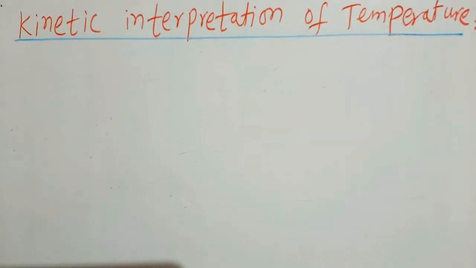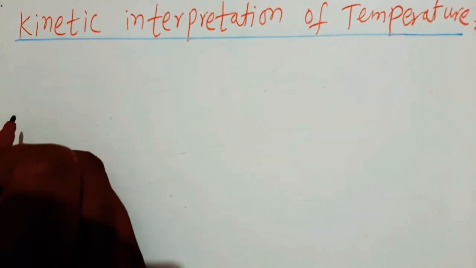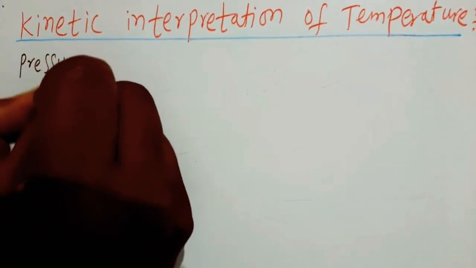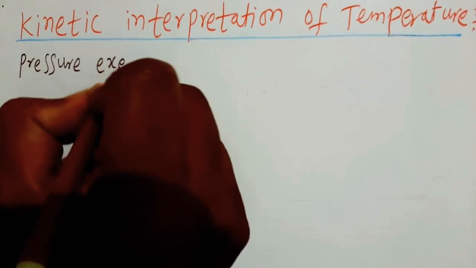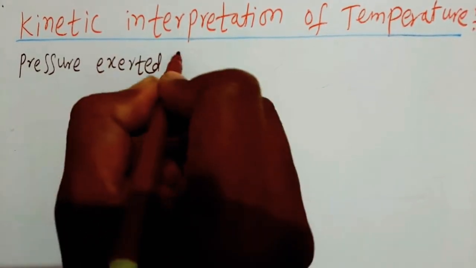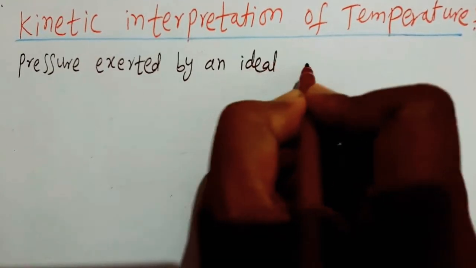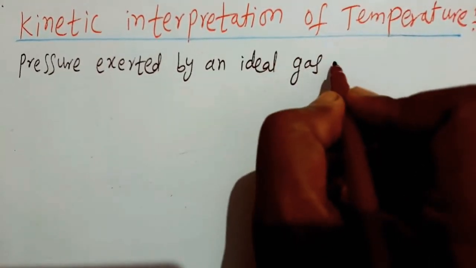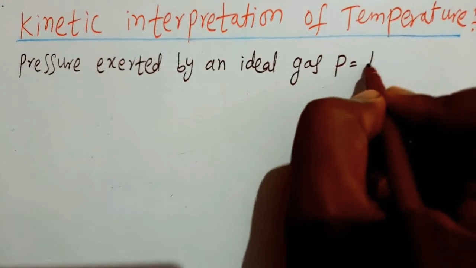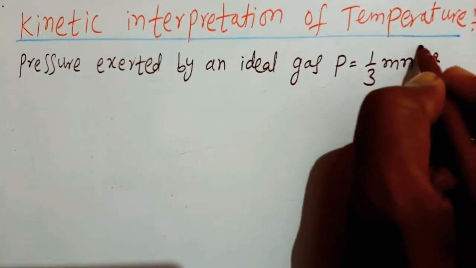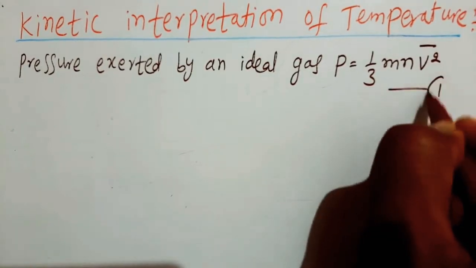We know the pressure exerted by an ideal gas is P = 1/3 mn v² bar. Let us take this as the first equation.